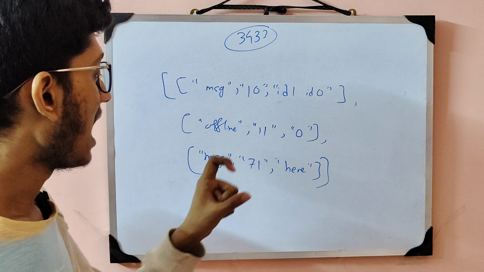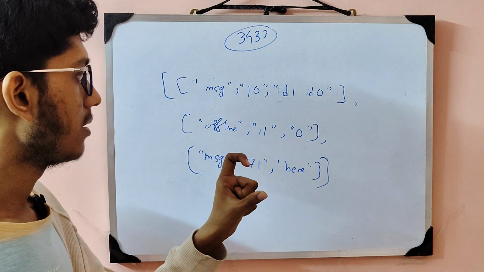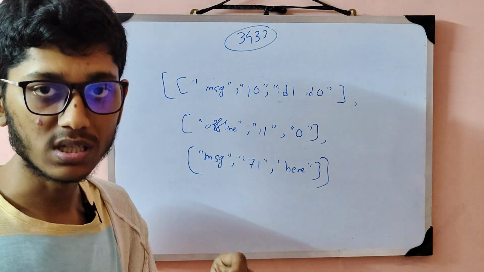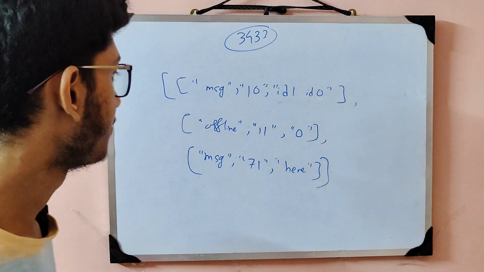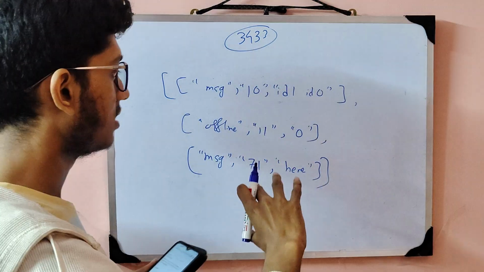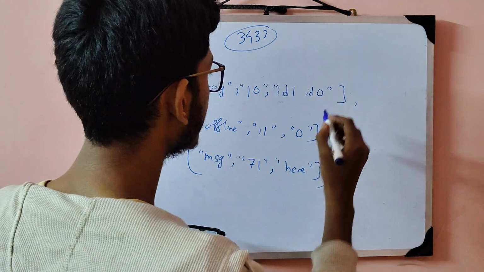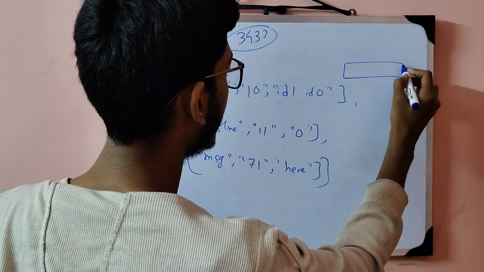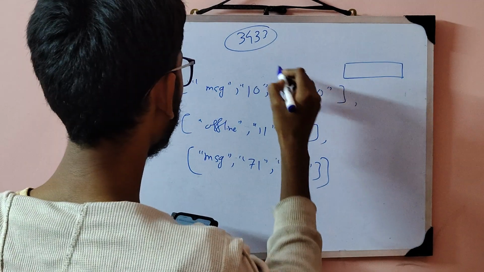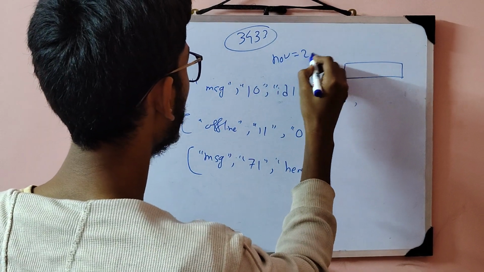How many times a user is mentioned. If I explain this example to you, we have to return an array, and in this example the number of users is 2.